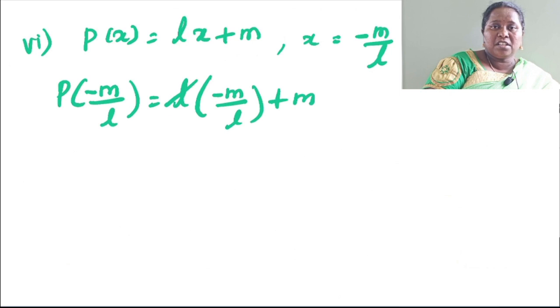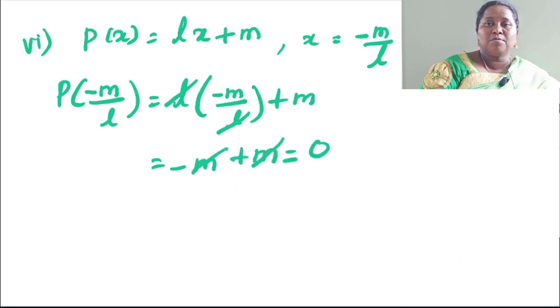This L in the numerator and denominator will get cancelled. So what is the balance? Minus m plus m, that is equal to 0.